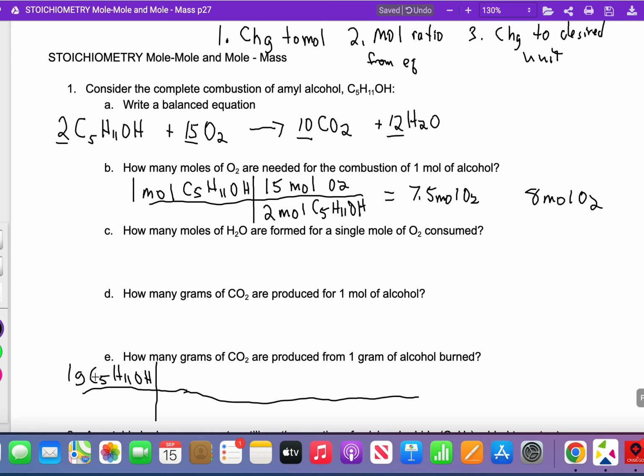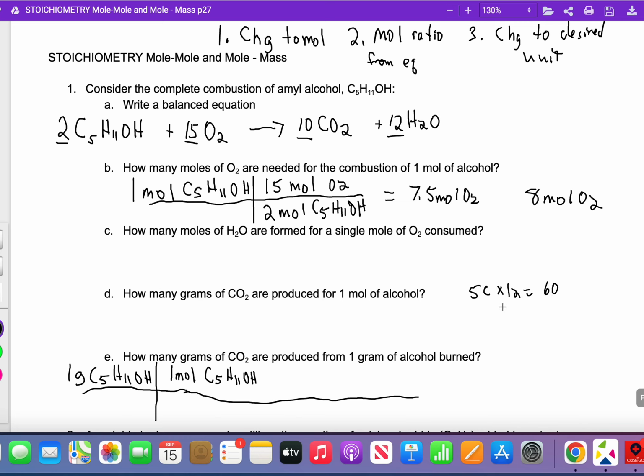Okay, are we already in moles? No, we're not. So we're going to change to moles. Remember, to change to moles, it's always 1 mole when you change to moles using the molar mass of C5H11OH. We have to add up the molar mass. So we have 5 carbons times 12, which is 60.